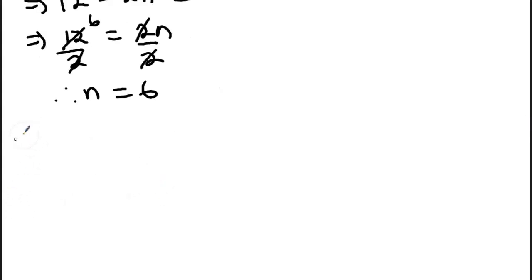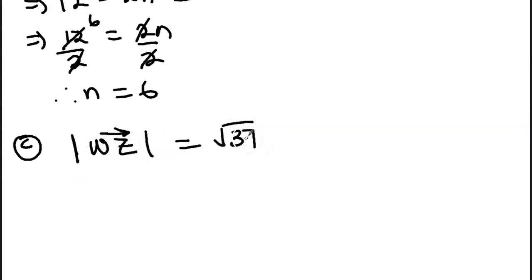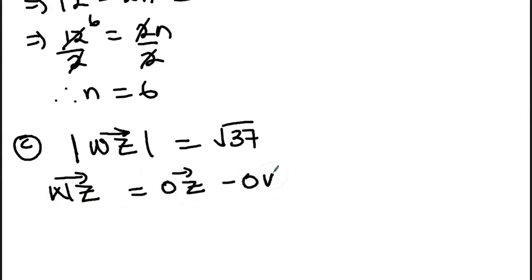So let's move to the last part, which is C. We have the length of WZ equal to root 37. Okay, let's find the length of this. First, vector WZ is the position vector of Z minus the position vector of W. What is the position vector of Z?